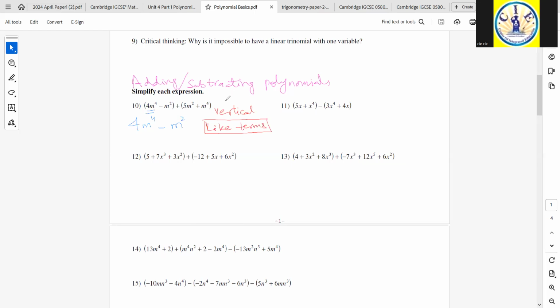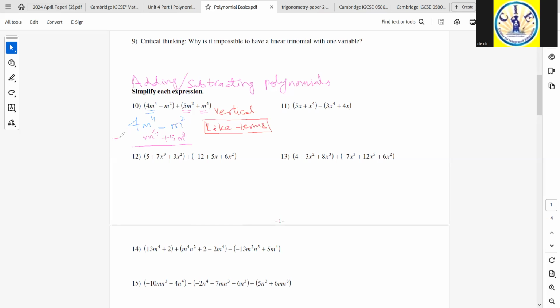Now we need to add into this second term, which is 5m squared plus m raised to power 4. So I would write m raised to the power 4 under that term, and then I would write 5m squared here.